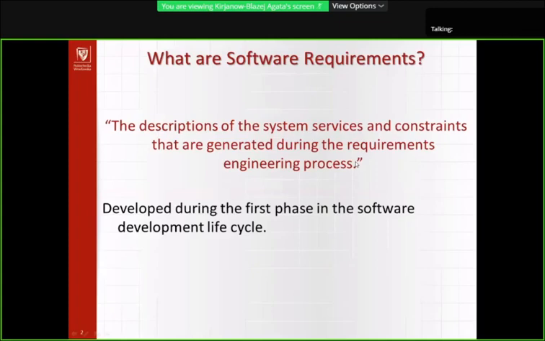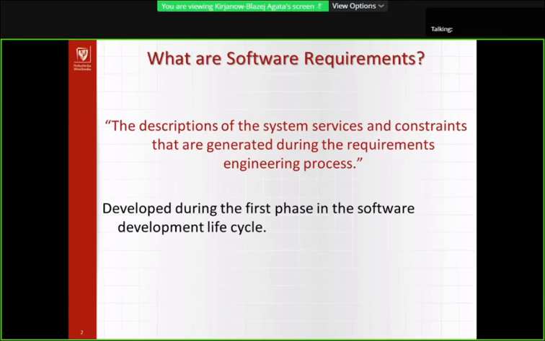What are software requirements? The description of the system, service, and constraints that are generated during the requirements engineering process. Developed during the first phase in the software development life cycle.